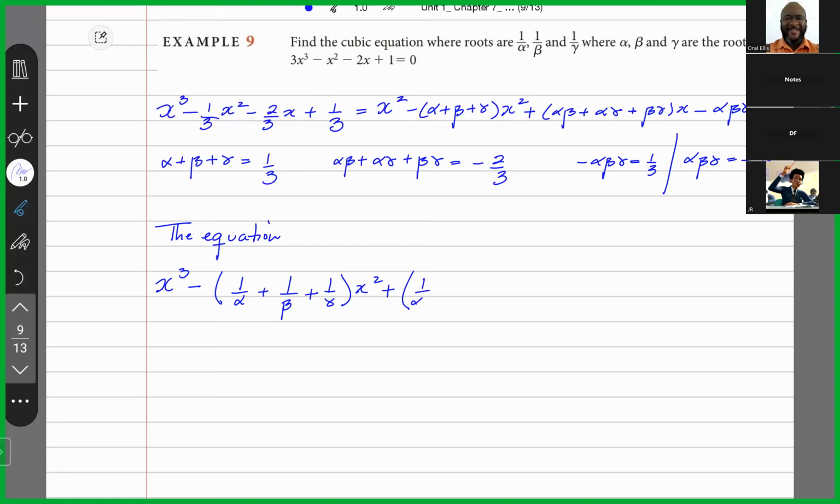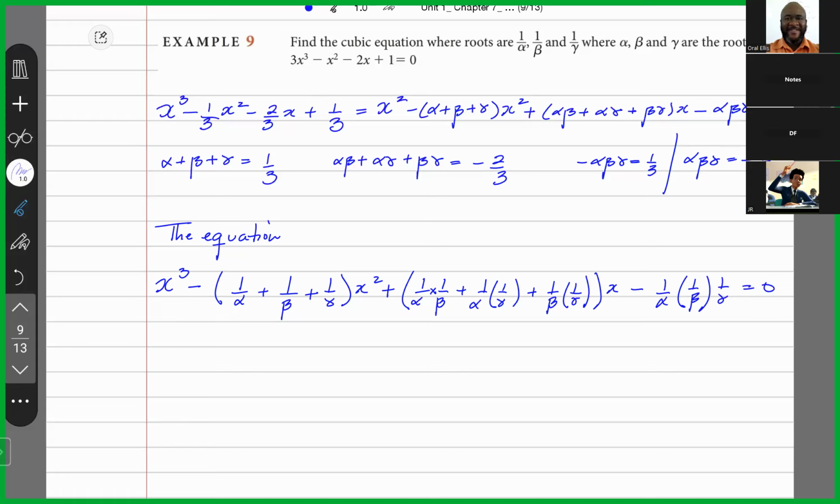So it's 1 over alpha times 1 over beta plus 1 over alpha times 1 over gamma plus 1 over beta times 1 over gamma, x, minus the product of the roots, 1 over alpha times 1 over beta times 1 over gamma, is equal to 0.